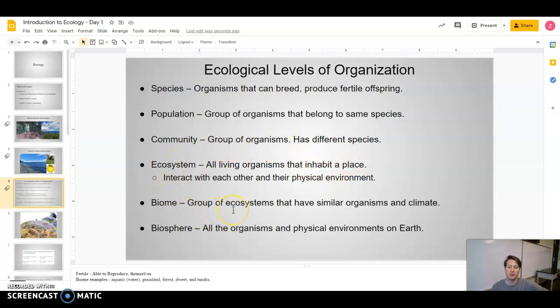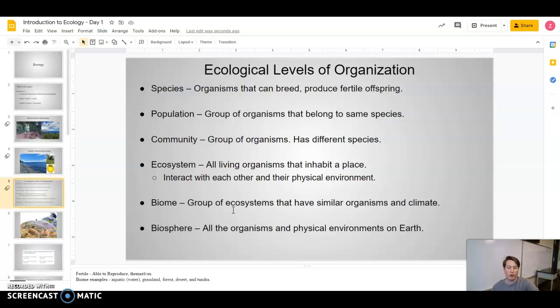Moving to an ecosystem, all living organisms that inhabit an area, a place. They interact with each other and the physical environment. Now, going up further, we have a biome, a group of ecosystems that have similar organisms and climates. Examples of biomes would be aquatic biomes, right?